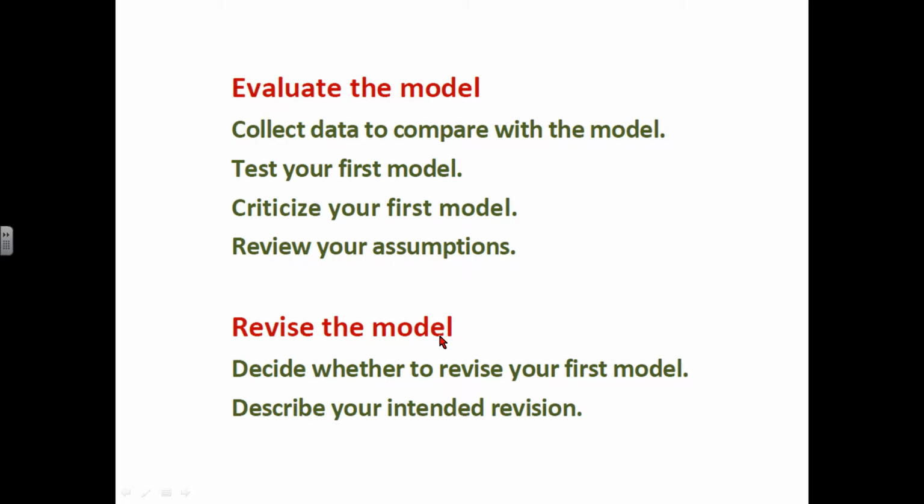In the revise the model, there's possibly 2 subheadings that you might have, one related to whether you decide to revise or think that the model is brilliant. 1 where you describe some intended revision, and whatever you decide here, you will still have this subheading, because an intended revision could be making the model more complicated, or it could just be making the model more simplified.